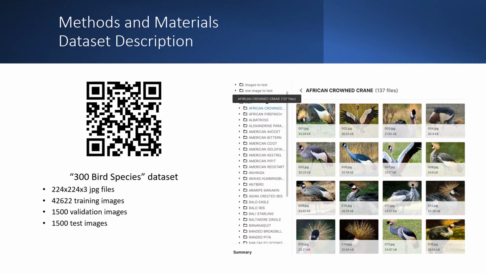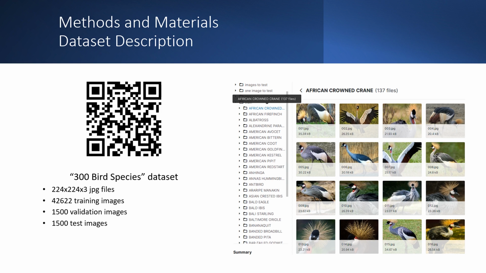The dataset consists of a set of images of different birds. The dataset was taken from the Kaggle platform, and you can find the dataset by scanning the QR code. The dataset is constantly updated and the number of images is constantly increasing.